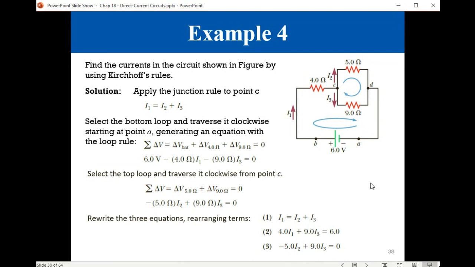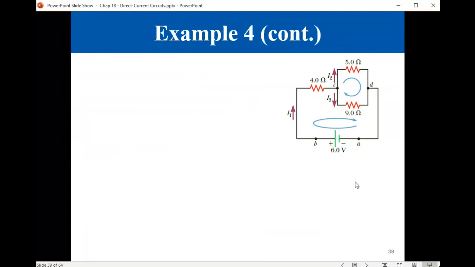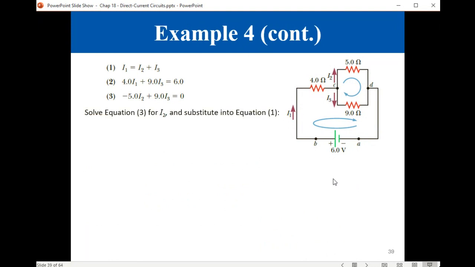As you know from algebra, the number of simultaneous equations must be equal to the number of unknowns or higher in order to solve for the unknowns. So now we start with equation 3 and we solve for I2.